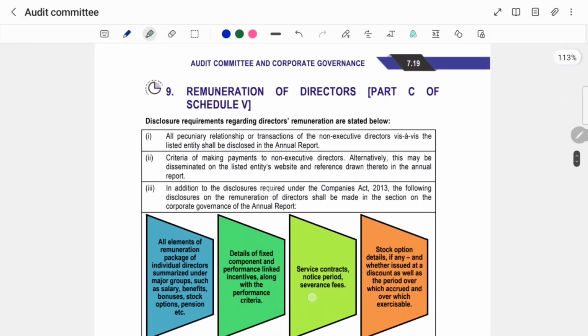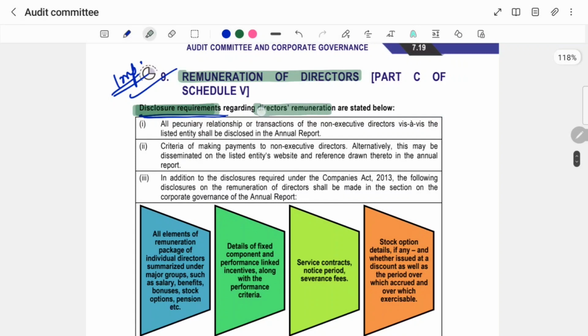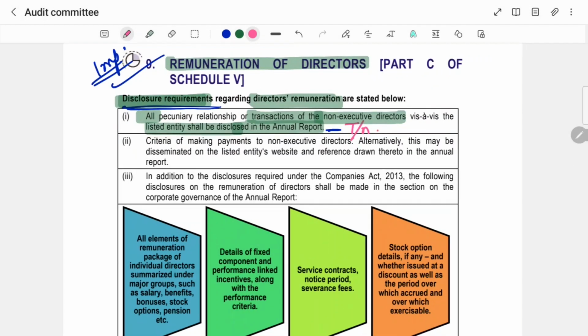Now we'll come to remuneration of directors. Again, this is important. Here there are some disclosure requirements which are to be fulfilled. What are the disclosure requirements regarding directors' remuneration? All transactions of NED with the listed entity shall be disclosed in the annual report. So the first point is regarding the transactions.